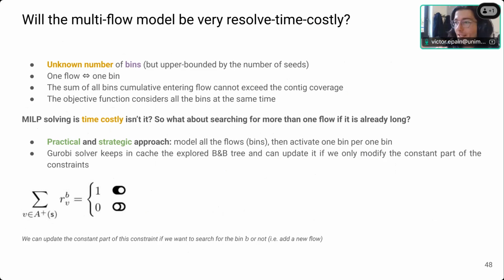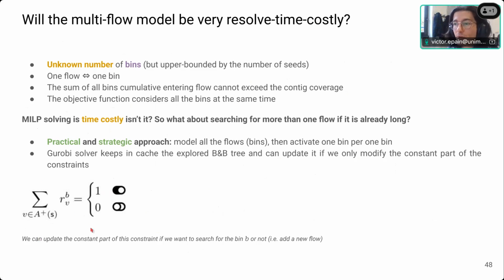Again, it's a black box, but I can trigger Gurobi. And I want to use the cache Gurobi preserved to make the second solve with 2 bins and with 3 bins, etc. faster. Gurobi can ensure the reuse of the cache if I'm modifying the constant part of the inequalities of the constraints, etc. And we can do that in our context.